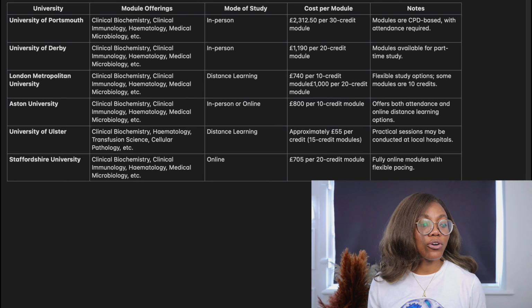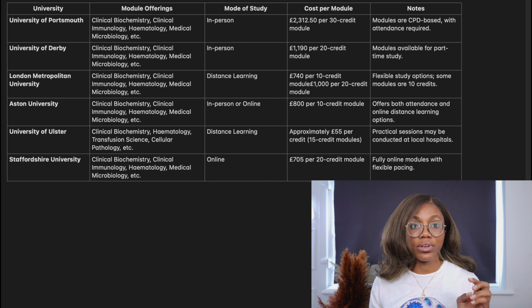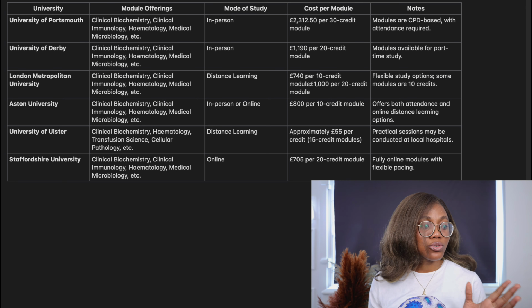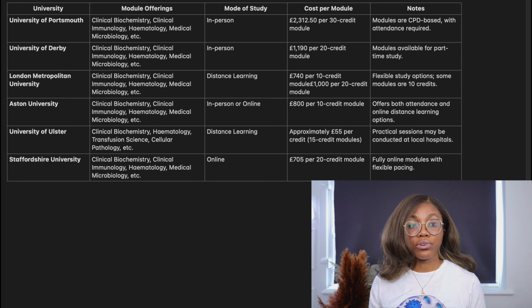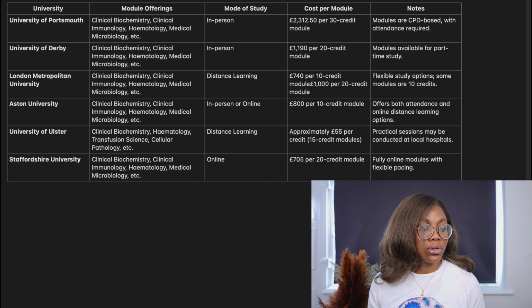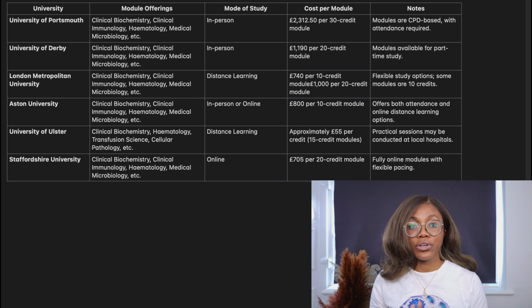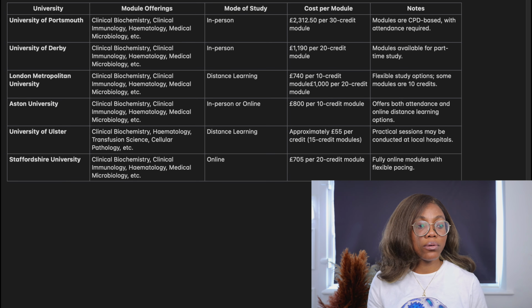So you're going to be paying £2,312 for 2 courses if each of your modules are 15 credits, so that's roughly £1,150 per module. If your courses are maybe 10 credit modules, you're going to be paying less than £1,000 for each module, meaning you're paying 2,300 for 3 courses.